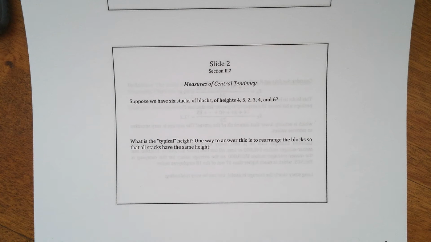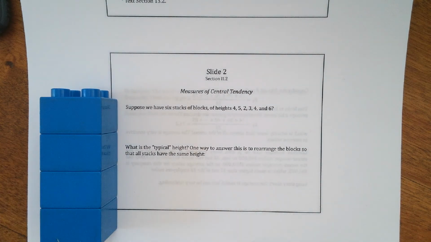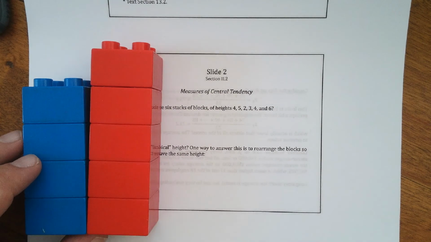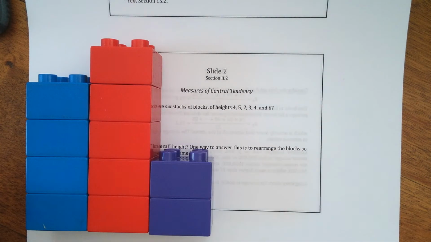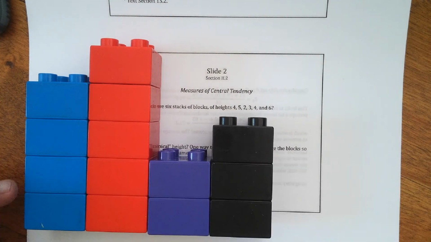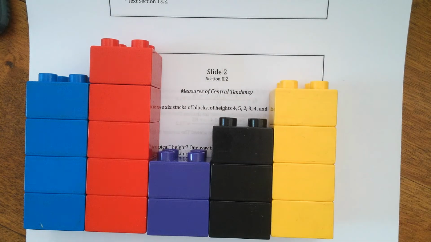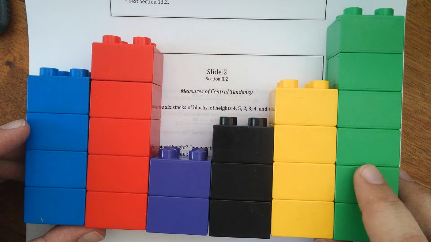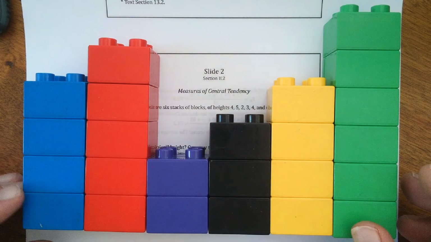So we've got a stack of 4, a stack of 5, a stack of 2, a stack of 3, a stack of 4, and a stack of 6. And I'd like to answer the question of what is the typical height?